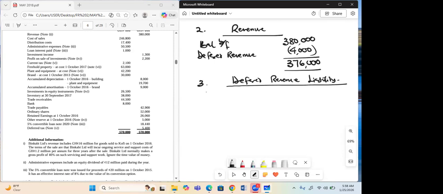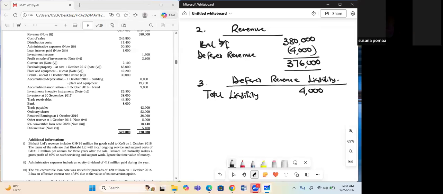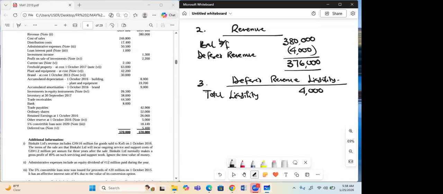The total was 4,000, right? Yes, immediately next year, 2,000 will be charged. So a current liability of 2,000 and a non-current of 2,000. Exactly.